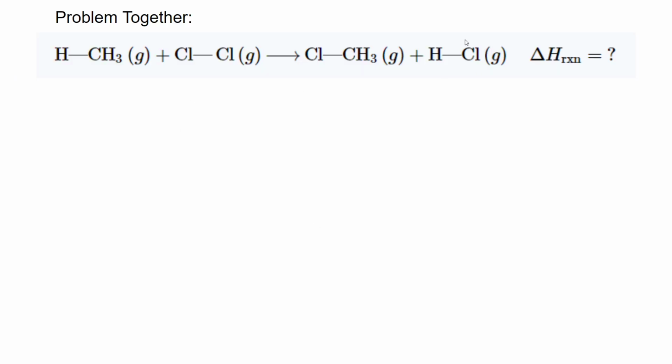So here we'll do a problem together. So this is our equation, but it's separated into its bonds. When you see something like a CH3, that C is just bonded to each of those H's.